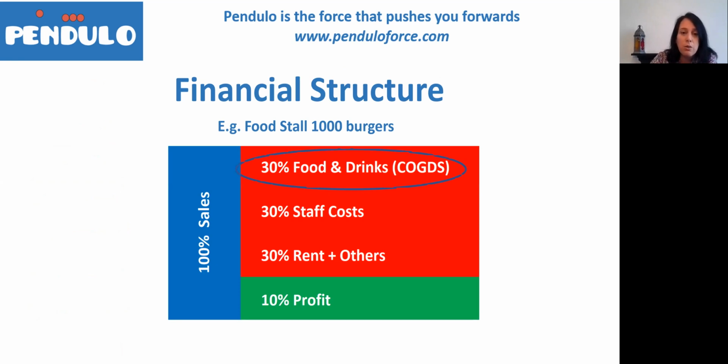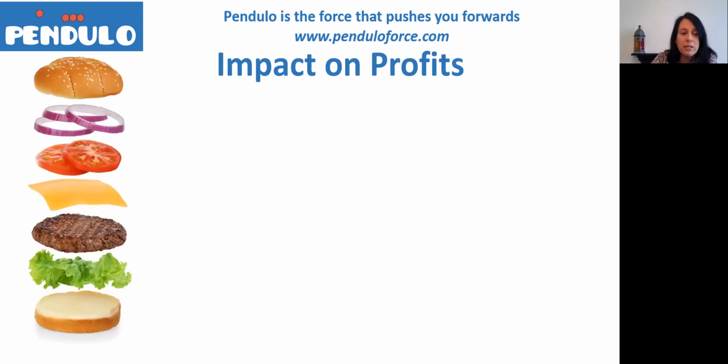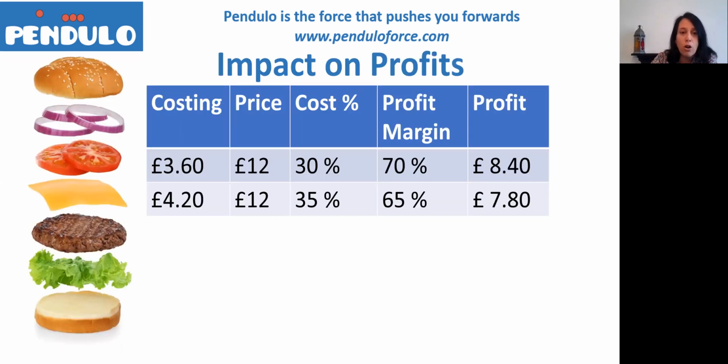So now we are going to see what is the impact on our profits if something goes wrong with that cost of goods. So imagine that the cost of vegetables or the cost of the meat goes up, or maybe not by our suppliers.